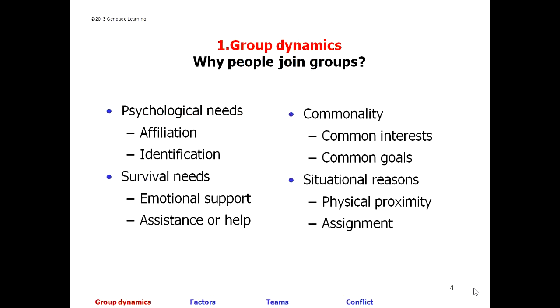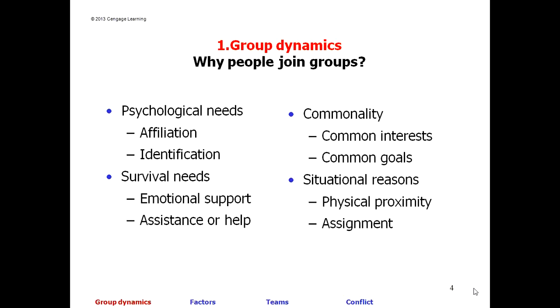Why do people join groups? As an example, even when you have your groups in your college. Likewise, people in an organization have their own needs. They have particular psychological needs, survival needs, commonality or situational needs for why they join groups.